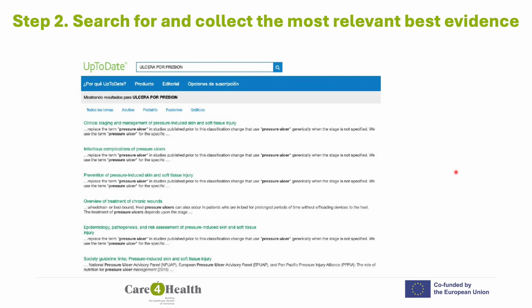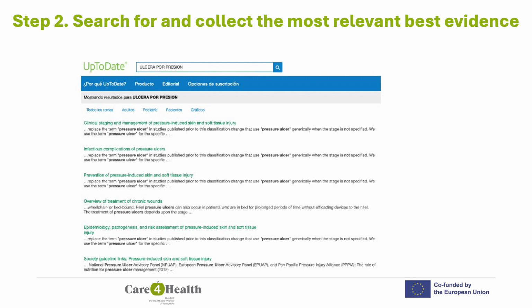In the second level, as I told you, the summaries of evidence, you can use a very important database that is called UpToDate. It's a clinical decision support resource widely used by healthcare professionals. It is an evidence-based peer-reviewed database designed to provide clinicians with concise, reliable, and up-to-date information to help them make informed decisions at the point of care.